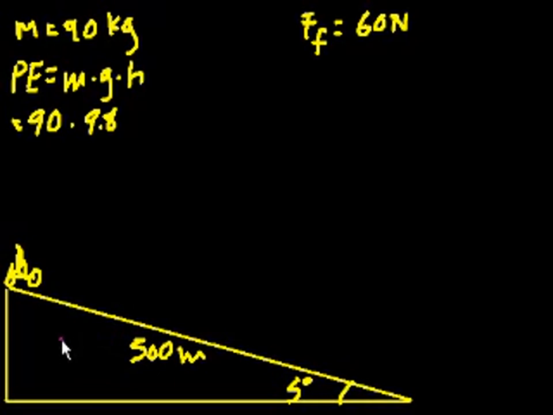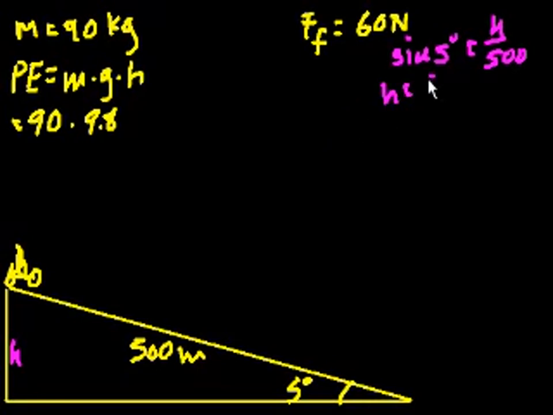So, SOH. Sine is opposite over hypotenuse. So we know that sine of 5 degrees is equal to the height over 500. Or that the height is equal to 500 sine of 5 degrees.